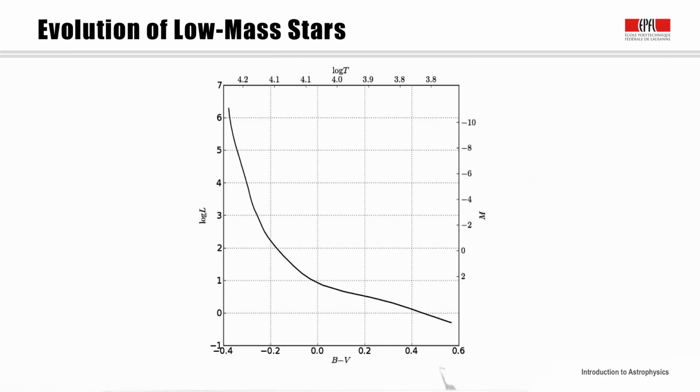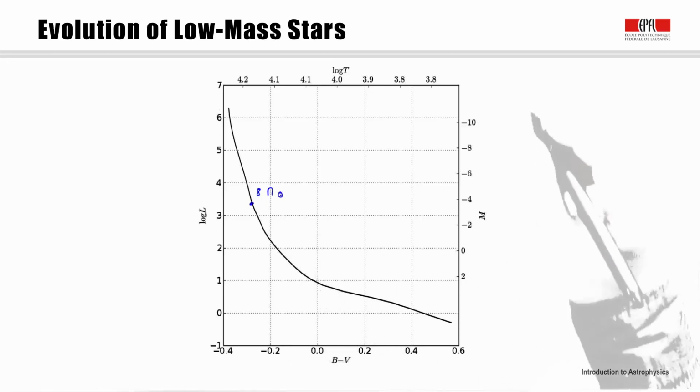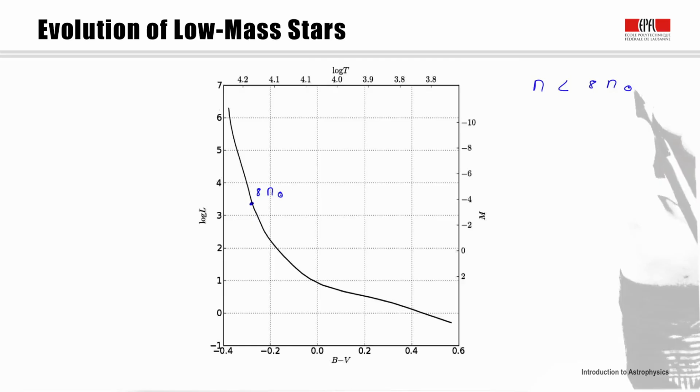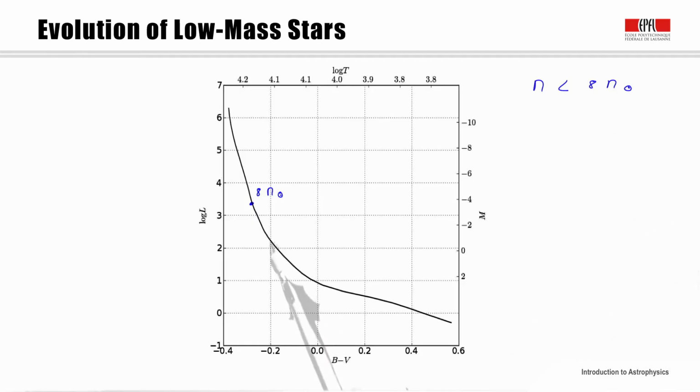What happens for stars of smaller mass? The mass limit is 8 solar masses. What happens now for stars below 8 solar masses? Actually, it is more or less the same thing as before. Stars evolve into giant stars and cool down to a certain location on the color magnitude diagram. They first get redder.